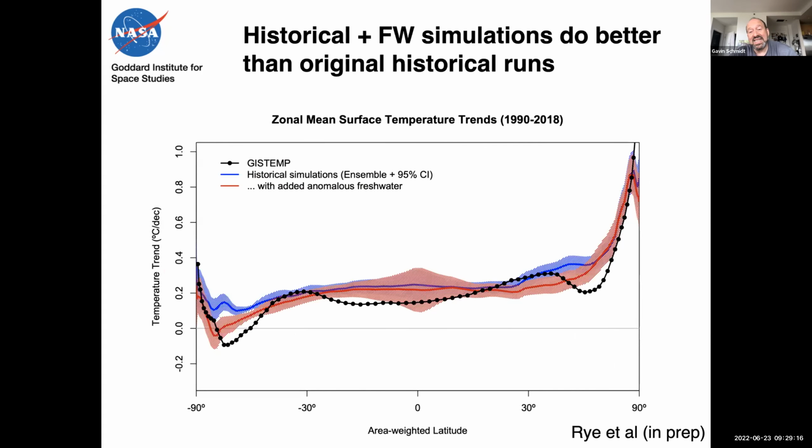And if you look at that in the zonal mean, it becomes a little bit clearer. The blue line at the back is the zonal mean trends you see in this model over 1990 to 2018 without any additional fresh water, and then the red line is what happens when you add that fresh water.